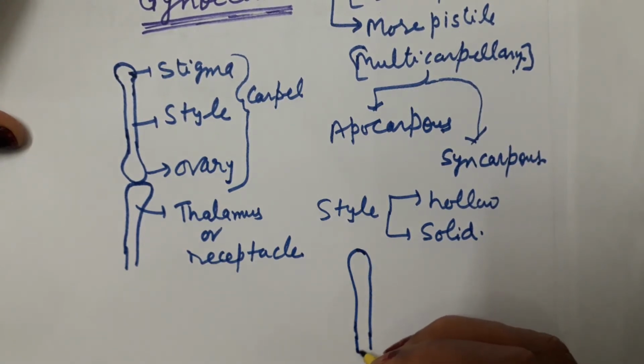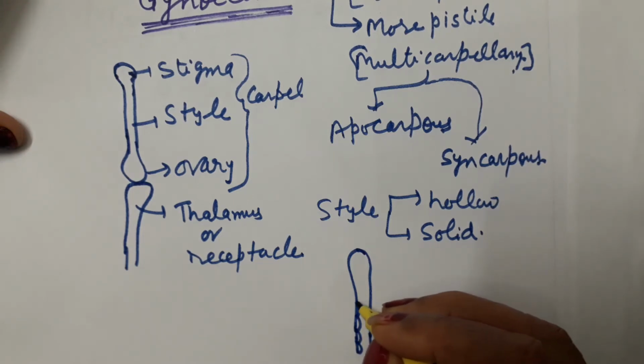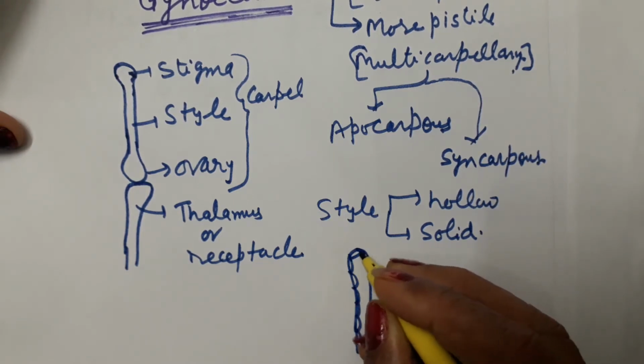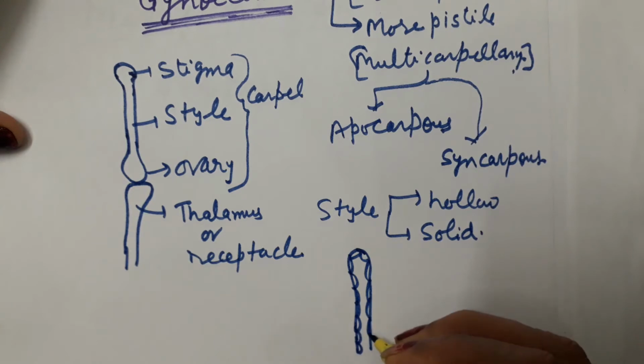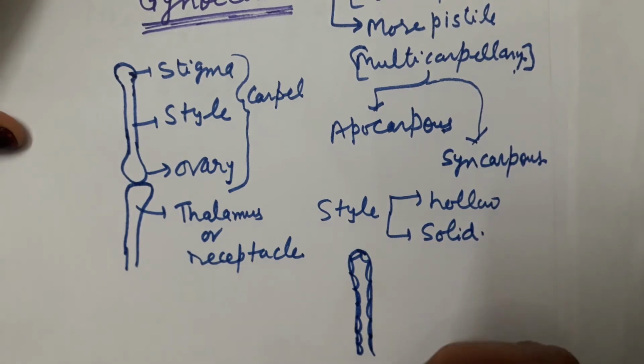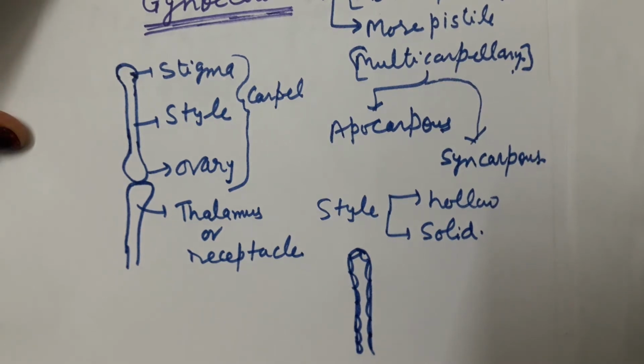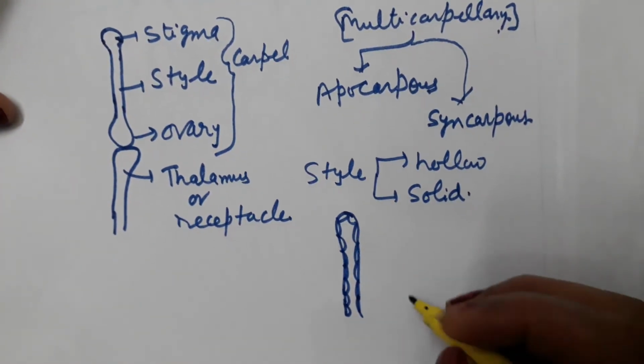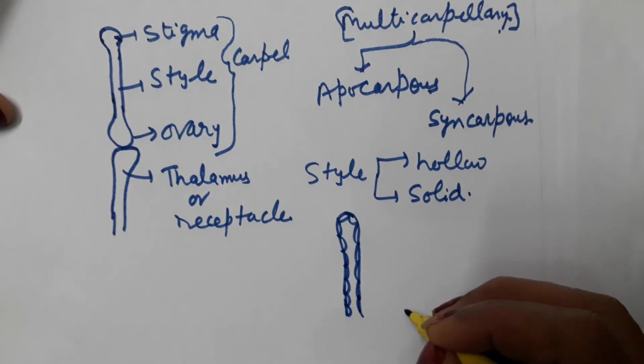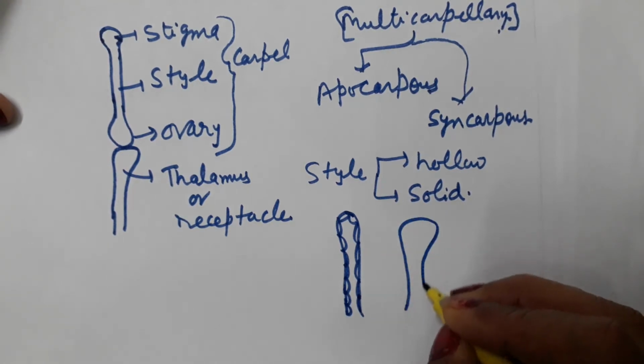It consists of an outer epidermal layer, and in the center there is a hollow part of the style through which the pollen grain runs. And if the style is solid, then the structure is like this.